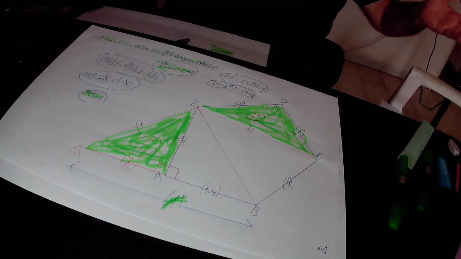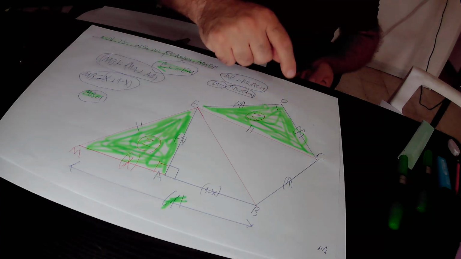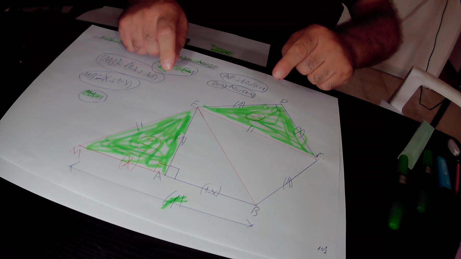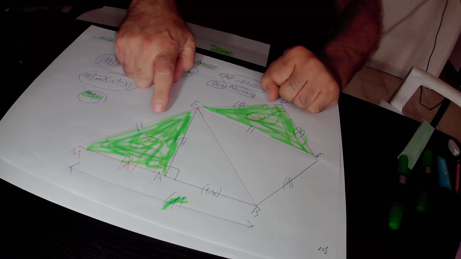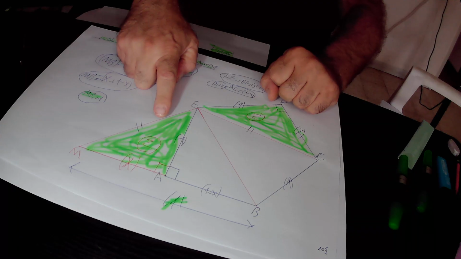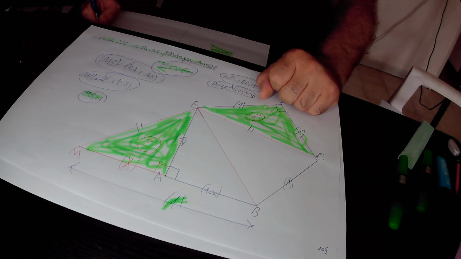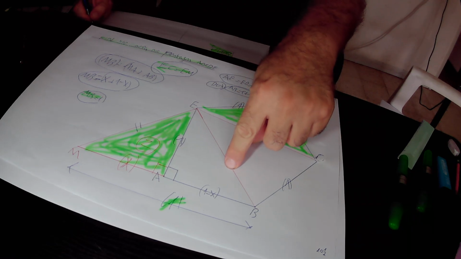Therefore, the area of the big quadrangle EMBC must be equal to the sum of the areas of those two shapes, the green right triangle EMA plus the area of this quadrangle ABCE.